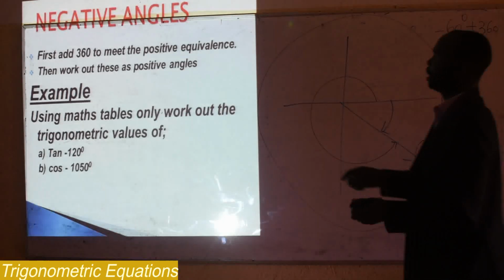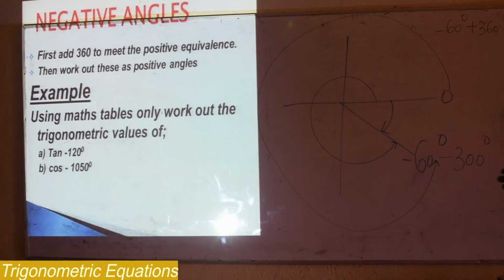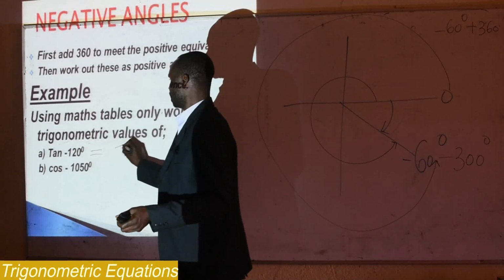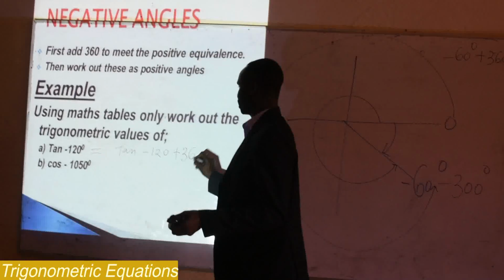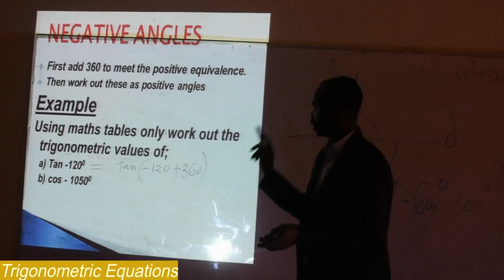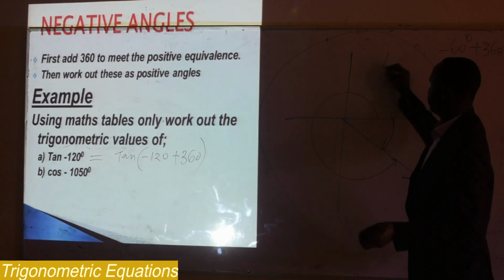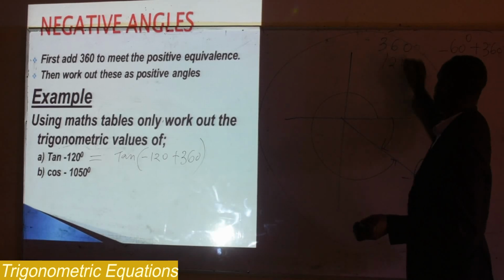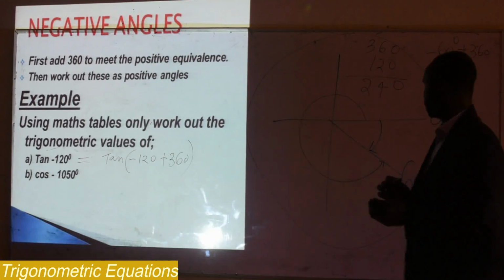So let us see how we calculate tan negative 120. Tan negative 120 is the same as tan of negative 120 plus 360, so that you locate its equivalence in positive value. So 360 minus 120, the answer here is 240 degrees.